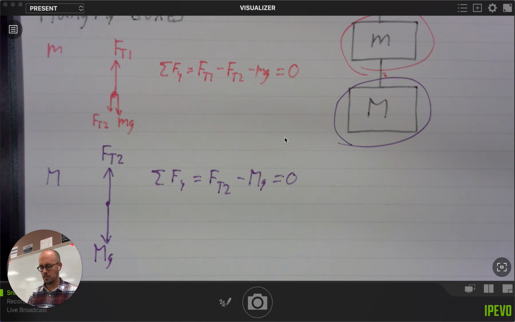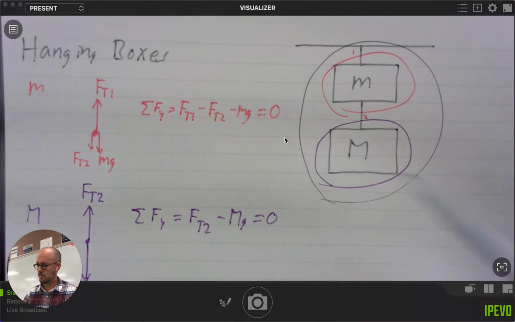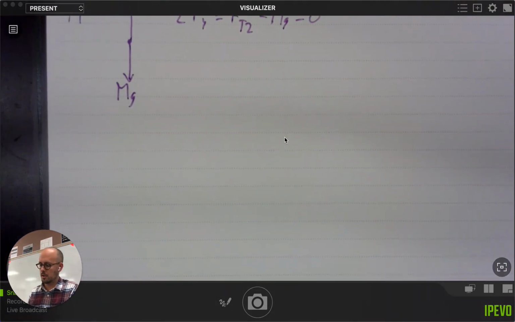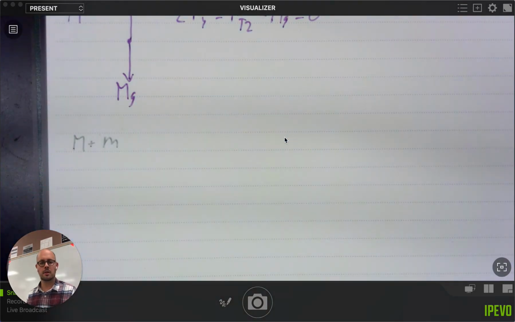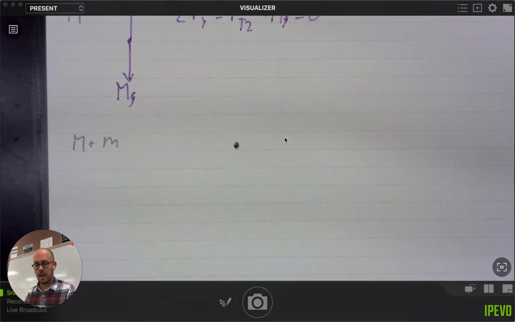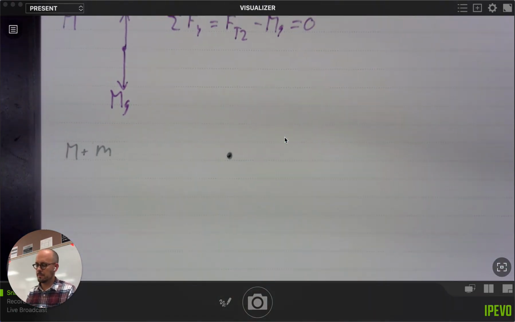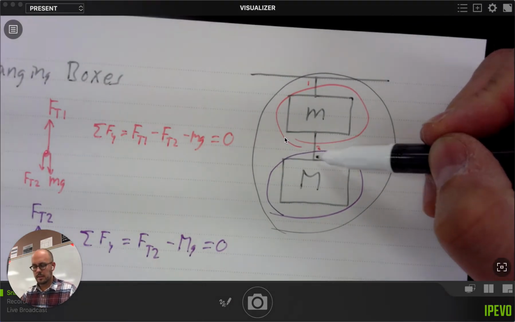The last thing I wanted to do was do the system approach. And so if you would like to call this M and m, you may. So big M and little m are the same object now. And if I draw a free body diagram for that big object, what happens is this second rope down here is now inside the system.